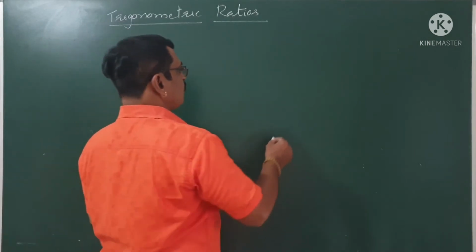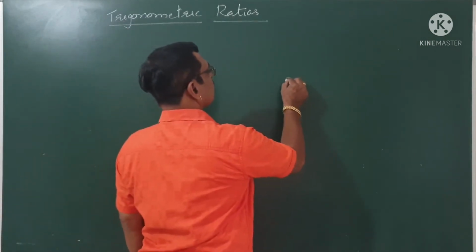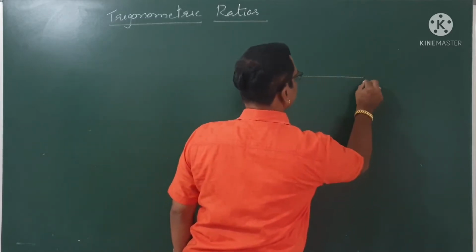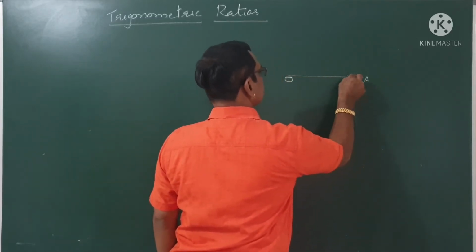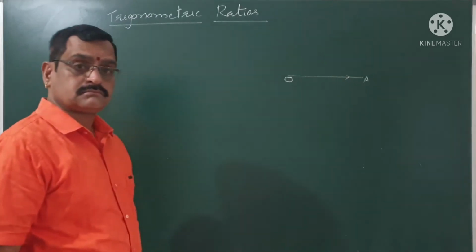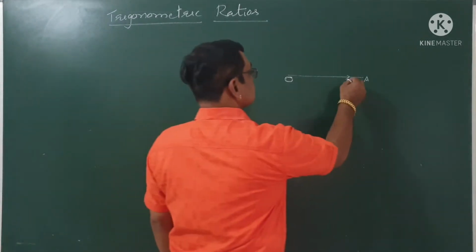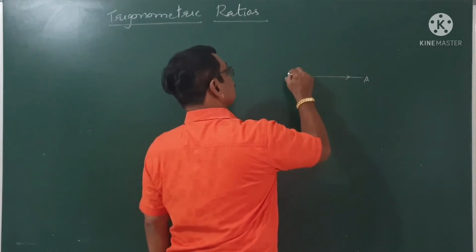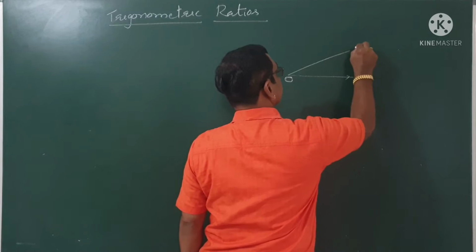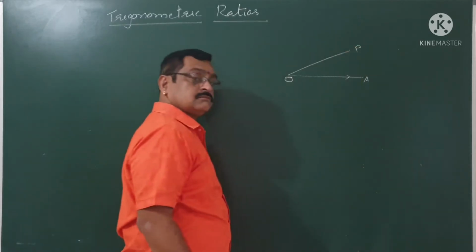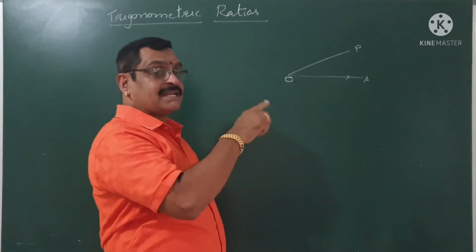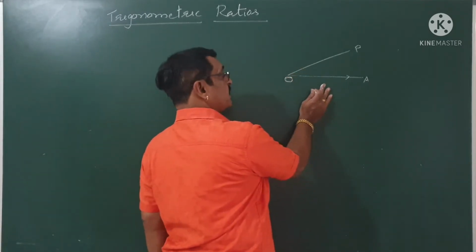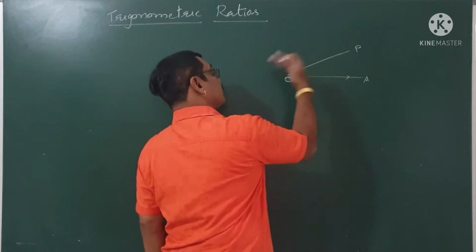Let OA be any initial ray. Let OP start from OA and revolve into the position, say OP, to trace the angle AOP. So here OA is the initial ray and OP is the revolving ray.